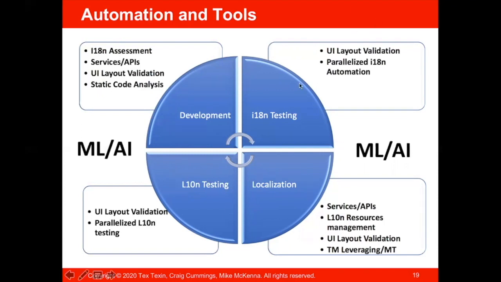In the development stage over here, you can left shift and you can analyze and assess, and you can do some things that will tell you just how well globalized a product you will produce, how well internationalized, how well localized it will end up being. You can do some things early on that will save you from finding problems later in the testing cycle where it's often too late to go back and fix things.